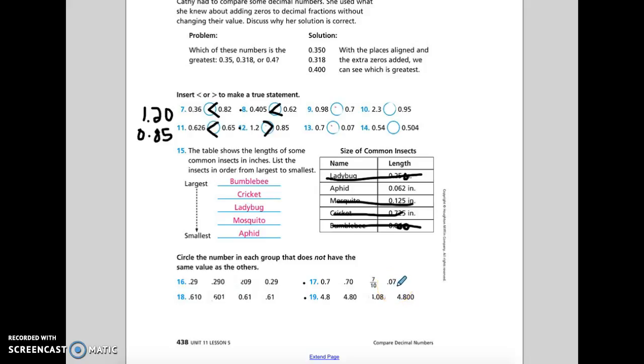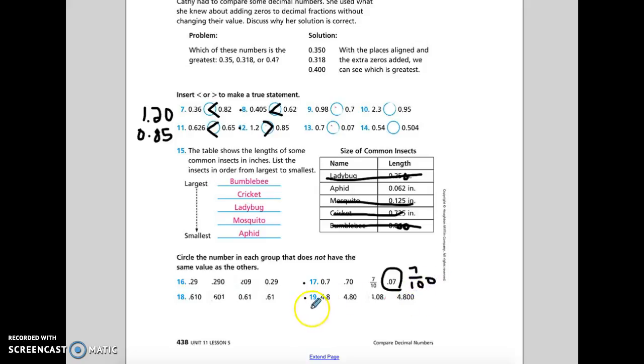All right. So now look at those. Which one is not the same? You said this one. You're correct, because look, it comes in the 100th spot. So if I was going to write this as a fraction, it would really be 7/100 instead of 7/10 like that other one there, right?